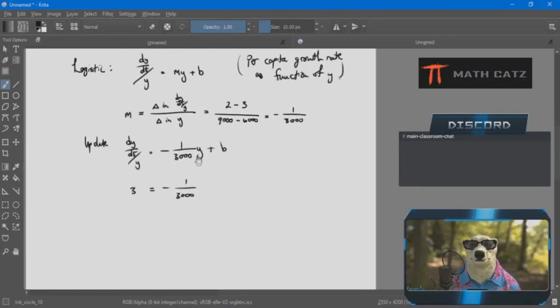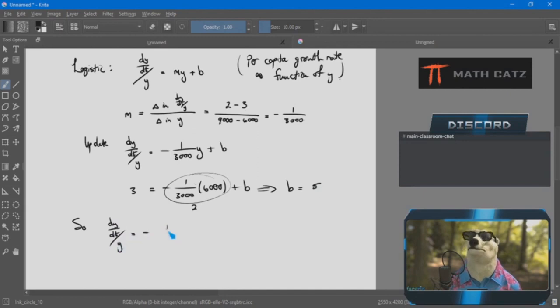No, it was 6,000, sorry. 6,000 for y corresponds to that, and that's b. So this then just simply becomes a 2, and b becomes a 5. So finally, we get our per capita growth rate as negative 1 over 3,000 y plus 5.